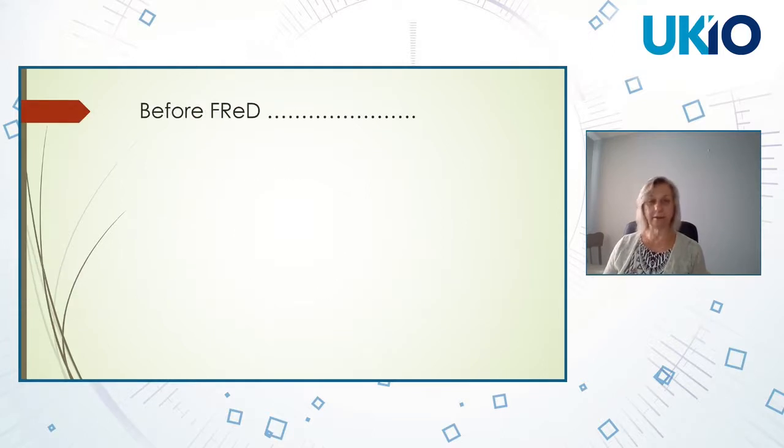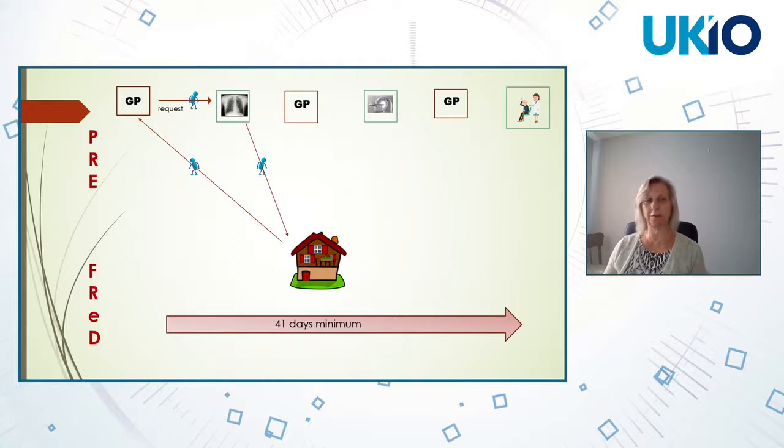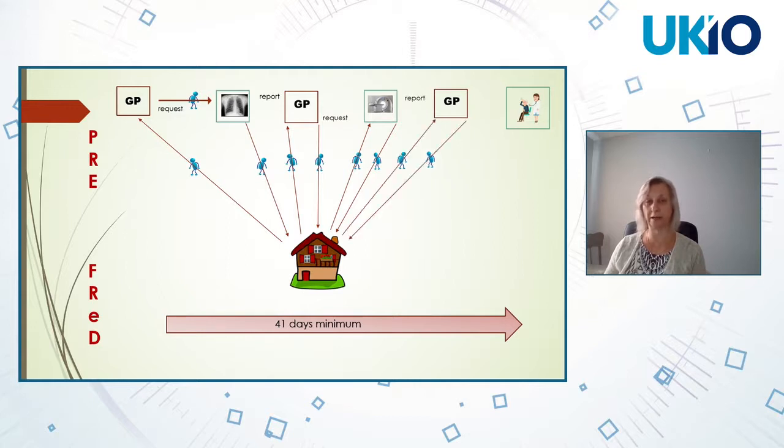Before FRED, patients would go to see their GP, would attend the hospital with their request form, have their chest x-ray, and then return home. They would then have to wait for the report to be sent to the GP, with either telephone conversation or call back into the GP to discuss the report. If necessary, they would then need to go on to have the CT, the request being submitted to the hospital, and again have to return home waiting for the report to be sent back to the GP.